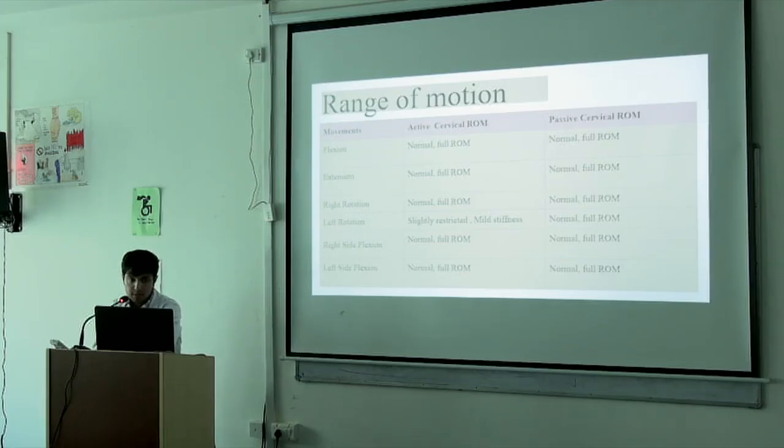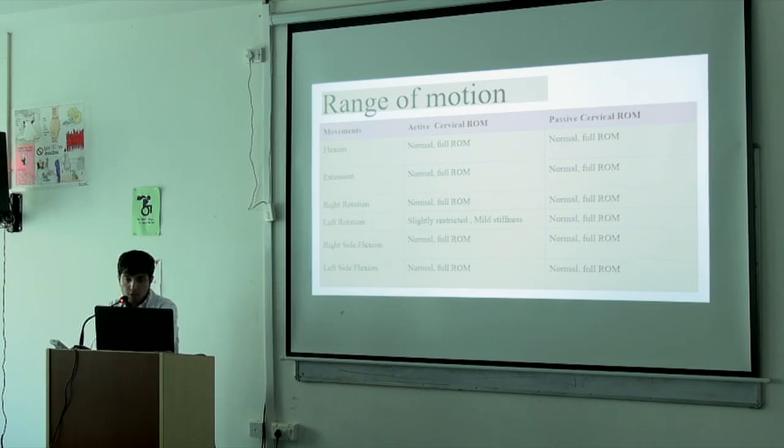Now the range of motion. The flexion active cervical range of motion was normal and the passive range of motion was also normal and complete. The extension cervical range of motion for active was normal, and for passive it was normal and full. For right rotation, the active range of motion was normal and full.